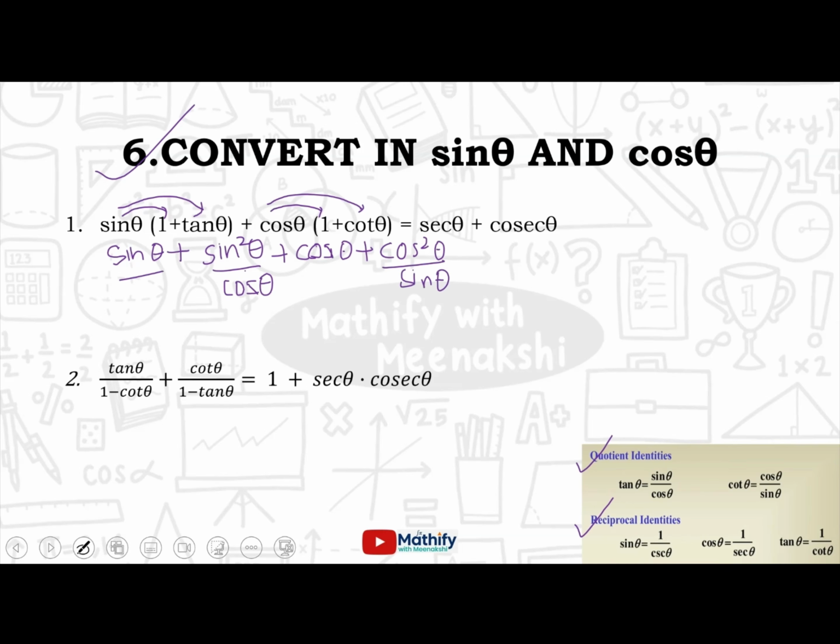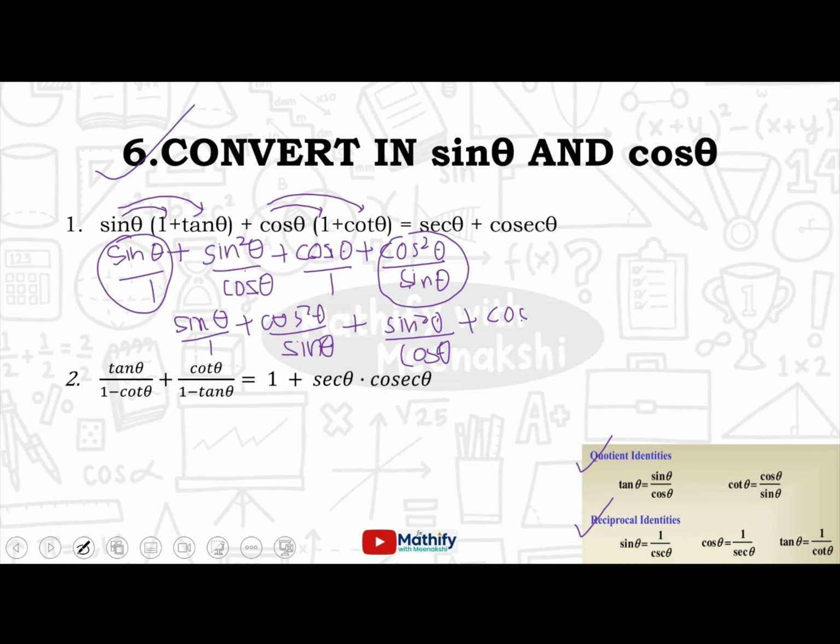Did you realize something here? If you pair these two, what you will get? Sine square theta by cos theta plus cos square theta by sine theta, and the remaining two written together, sine theta by 1 plus cos theta by 1.